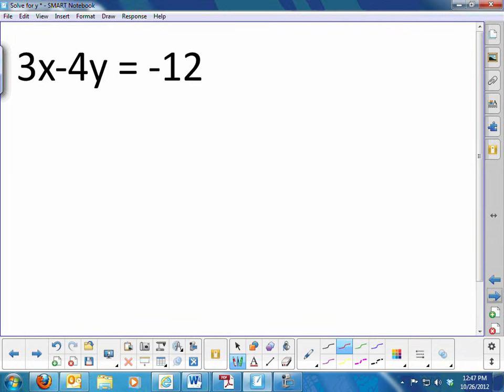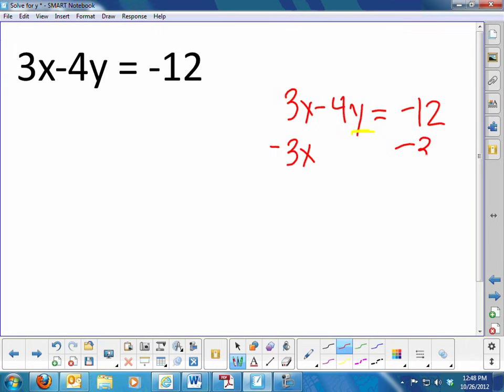Now let's look at our next example, which is 3x minus 4y equals negative 12. Remember, I want to solve for y. I need to get y alone. The first thing I'm going to want to do is subtract my 3x from both sides. Positive 3x, so I subtract. Now, I'm left with a negative 4y here.